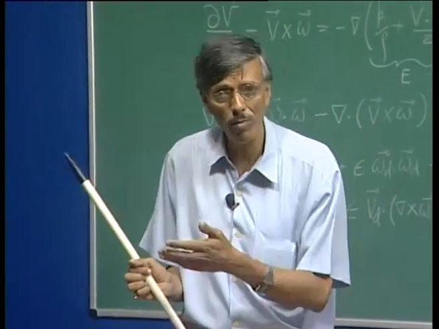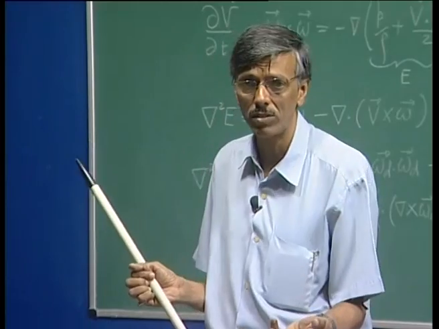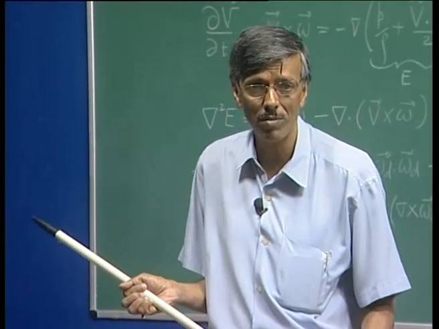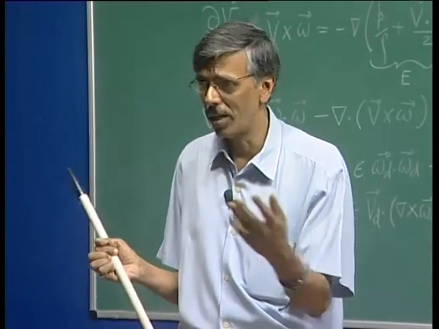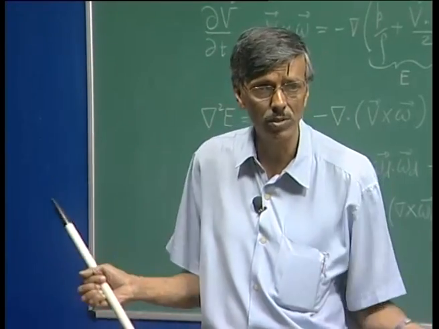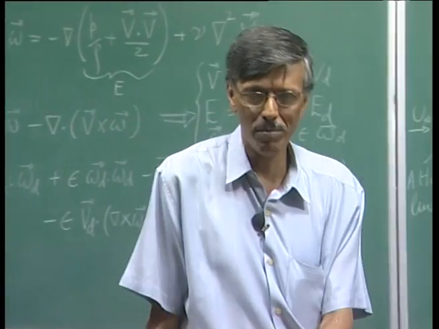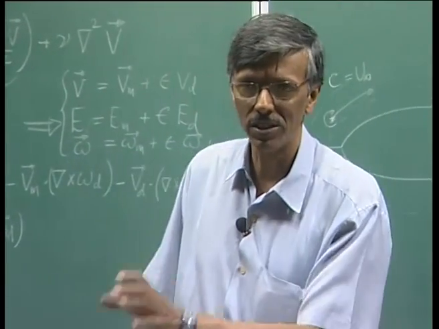But for the same wall-bounded flow, for many other situations, your linear theory does not work. You recall we discussed the Klebanoff mode; at low frequency, linear theory just does not have anything. That is why Trefethen and colleagues write that eigenvalue analysis actually fails, even for the Blasius boundary layer flow. So we should be humble enough to know where it works and where it doesn't.